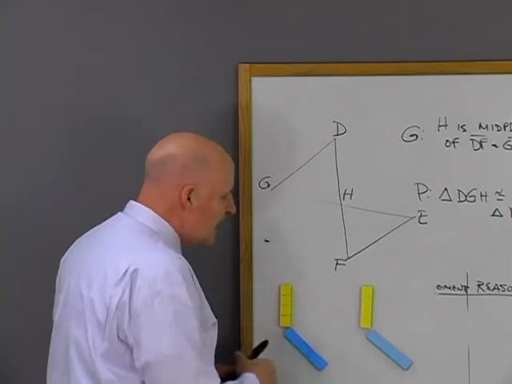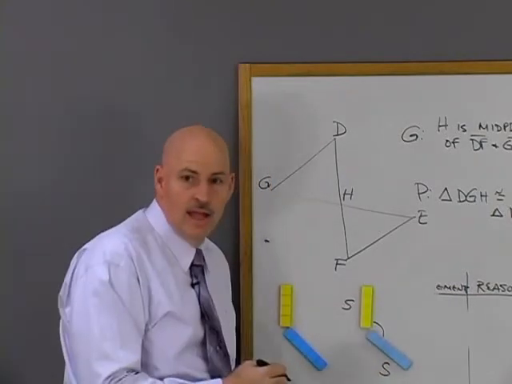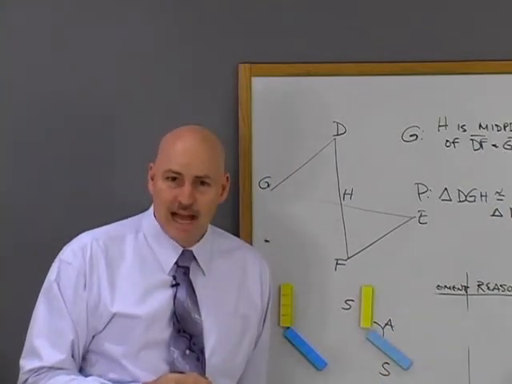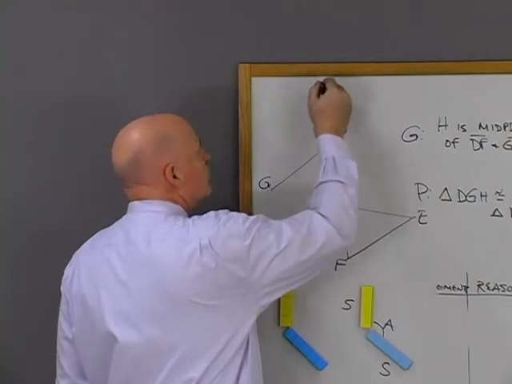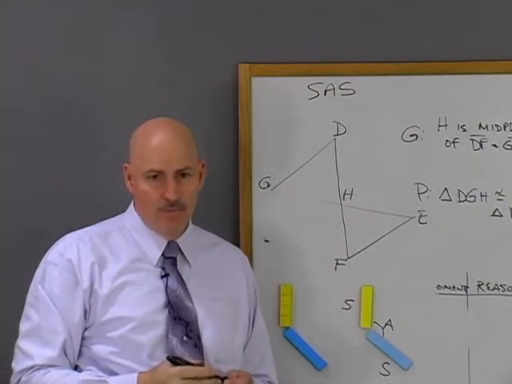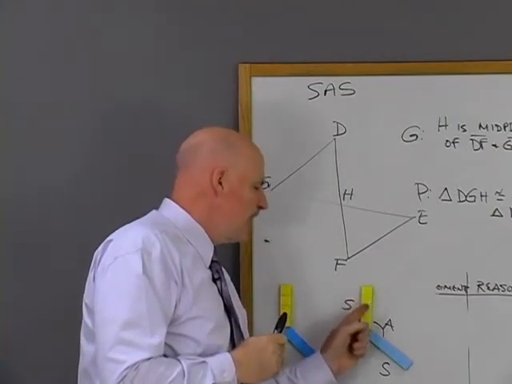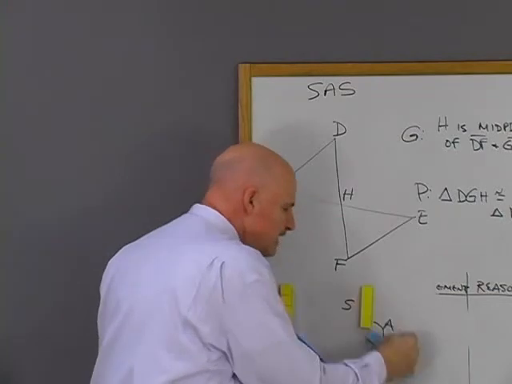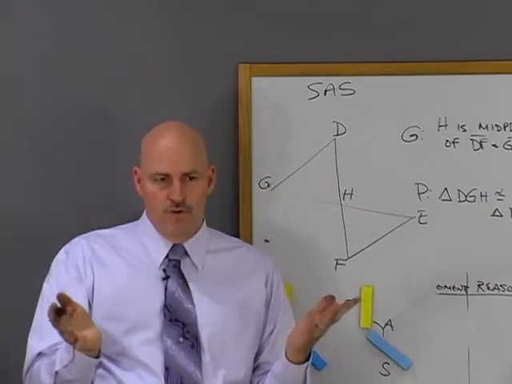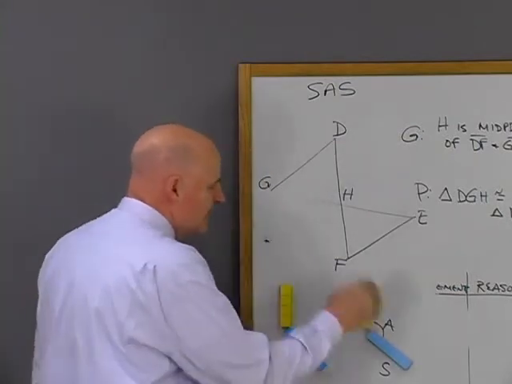We have a side, and we have a side, and we have the angle, so we call it the side angle side, or SAS. That help? So if you have just these three, side, angle, side, then the other side's going to be the same, those two angles are going to be the same, and both triangles are congruent. It's a good thing you asked that because we're going to need SAS in this guy here.